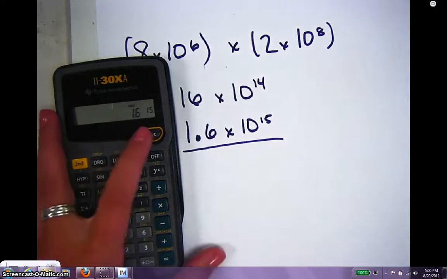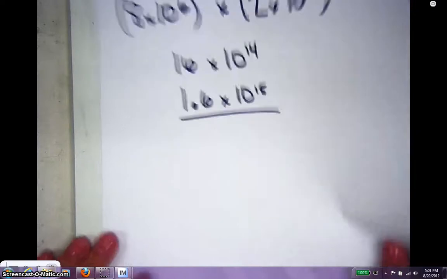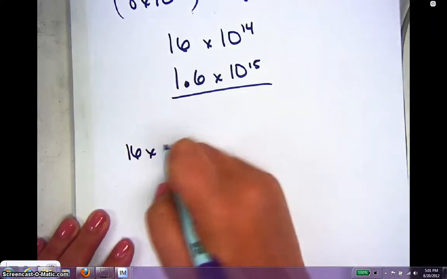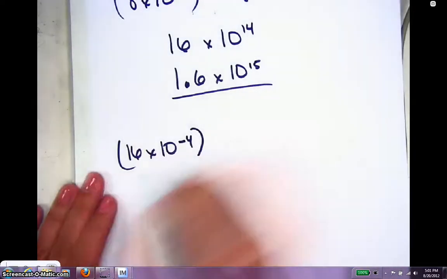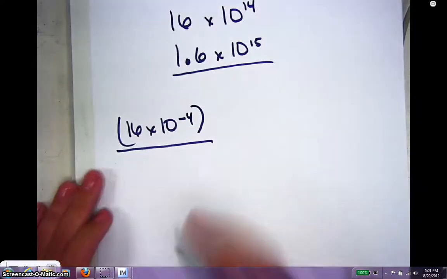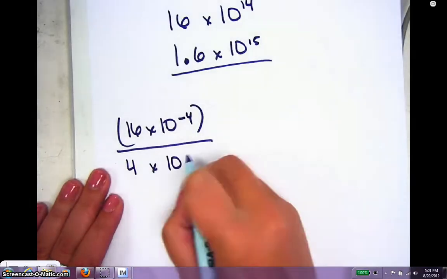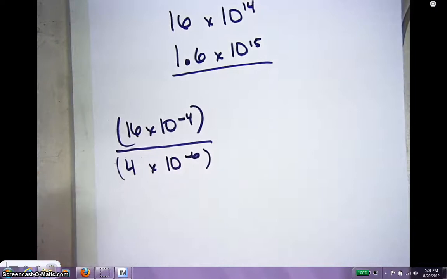Okay? Let's just try one more example. Okay? So let's say I have 16 times 10 to the negative 4th, and I want to divide that by, let's say, 4 times 10 to the negative 6th. Okay? Now again, I could do this in my head.